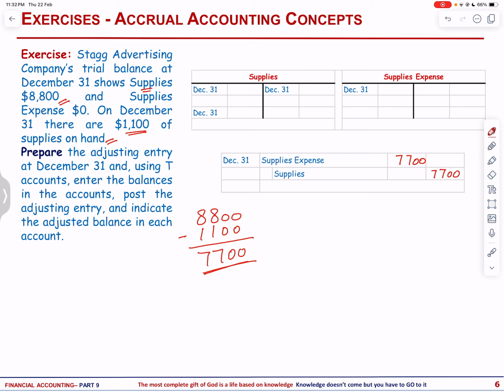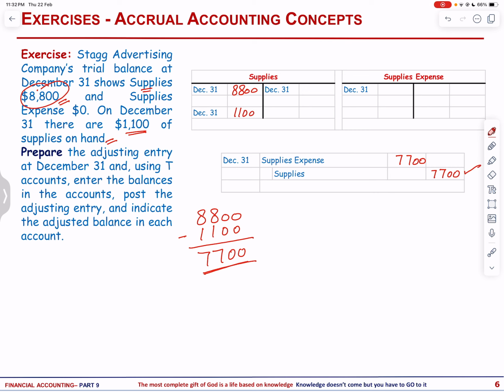Then we will make the T account for supplies. We have supplies on 31st December of 8,800 and supplies expense was 0 on this date, and then the supplies on hand is 1,100.